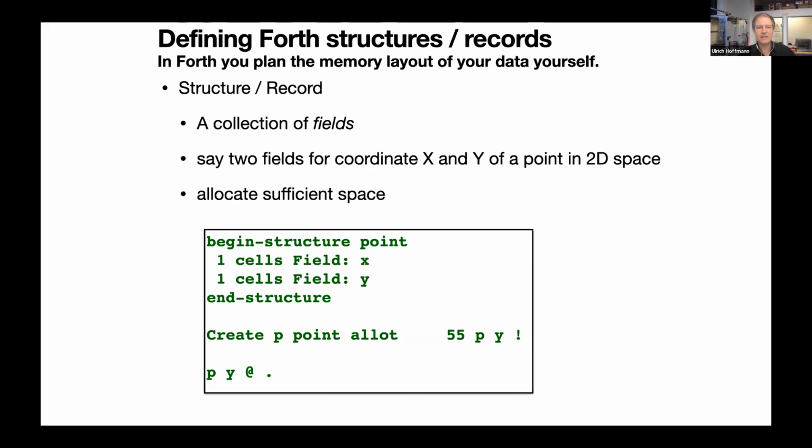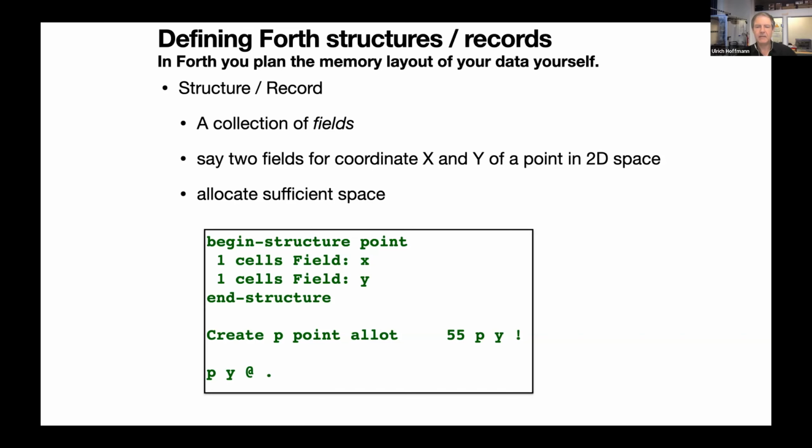So if you did this, then point will be a constant-like thing that puts the size of the defined structure on the stack. And then you can say something like create p, which creates a new variable-like thing with non-allocated memory. And then you say point allot to allocate as much memory as is necessary for a point data structure.